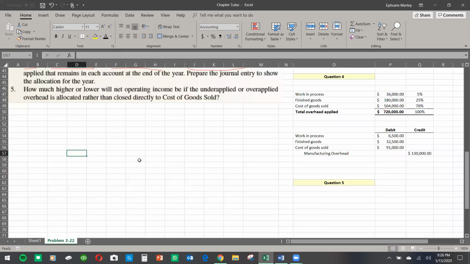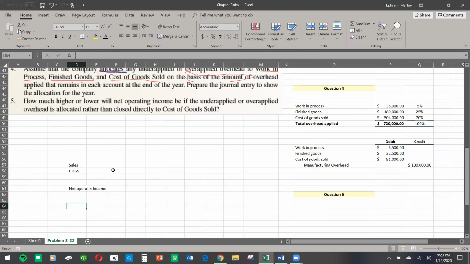Now we know sales minus cost of goods sold. Let me explain the process. Cost of goods sold is an expense. So sales minus cost of goods sold with any other expense will give us net operating income.